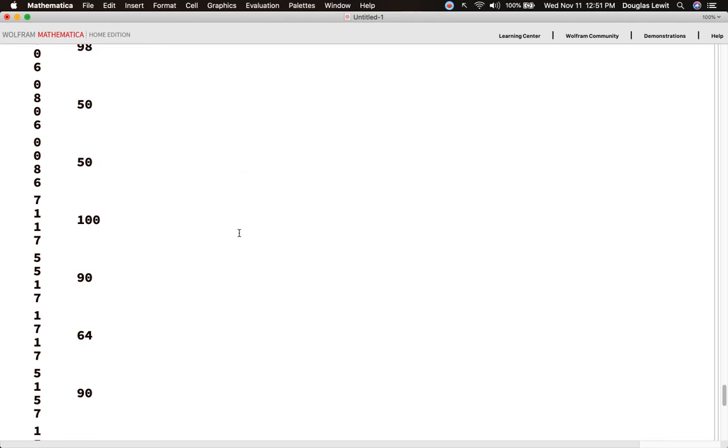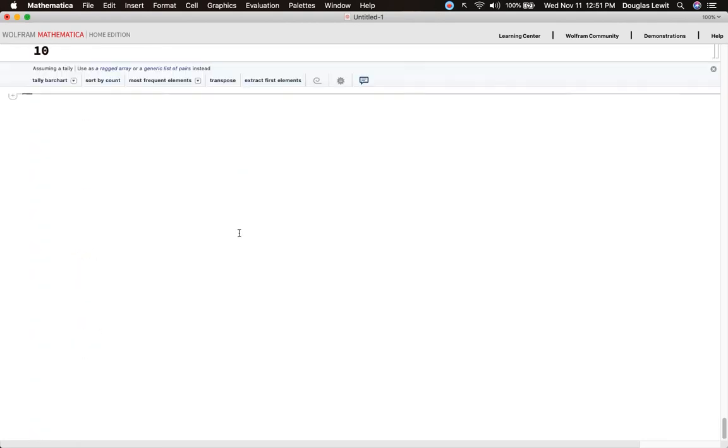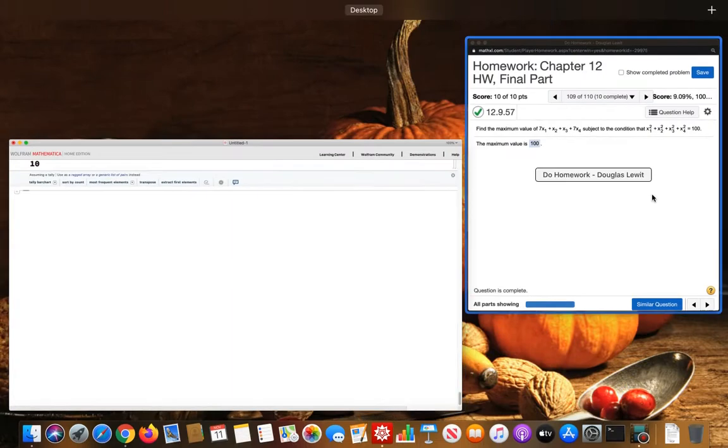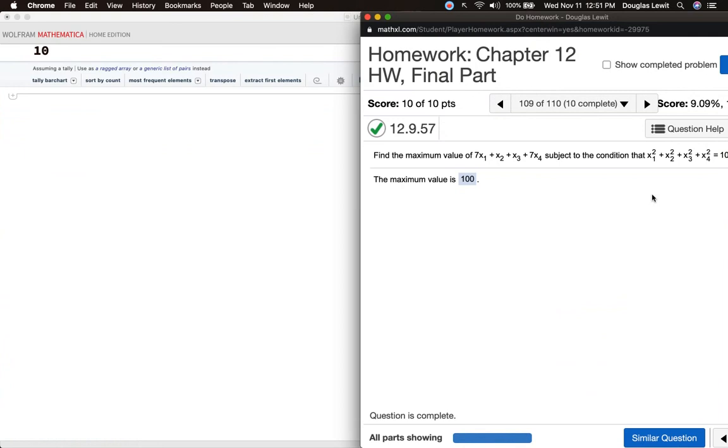Okay, so I realize maybe that was a little bit confusing, but this is how a computer programmer would go about solving a problem like this. Now, I realize some of you are going to say to me, Mr. Lewitt, this is a calculus course. It's not a computer science course. Well, I'm sorry, guys, but the computer has invaded every single part of life.